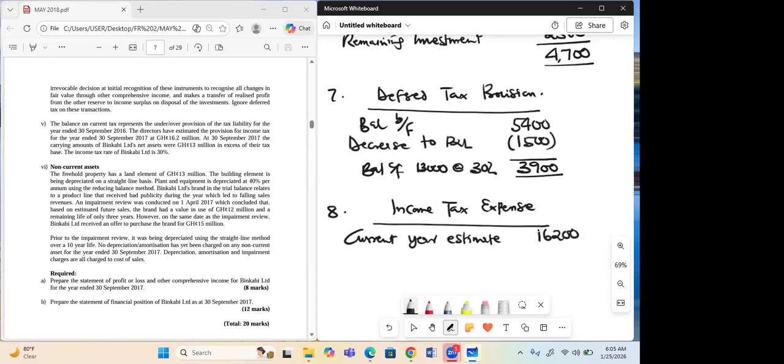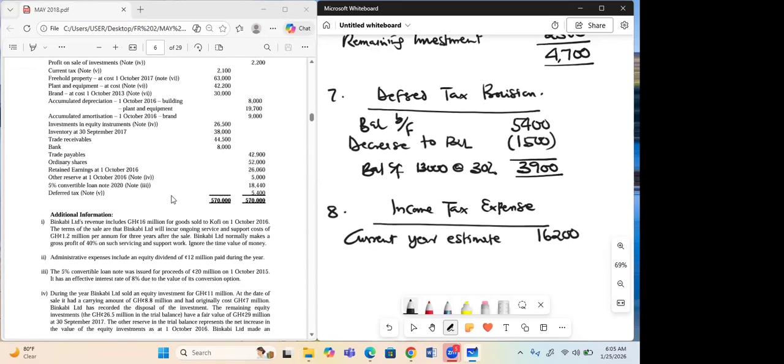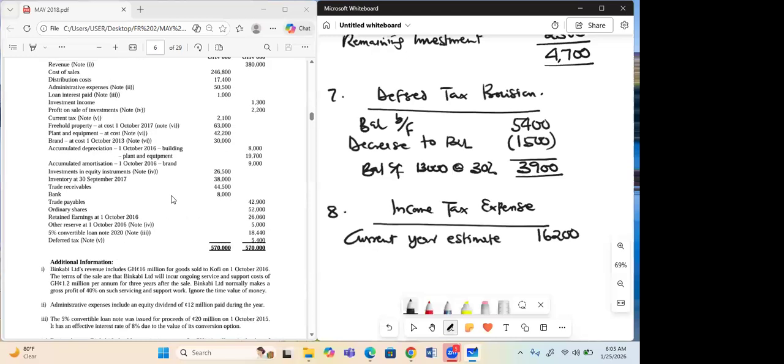Then you go to the trial balance under or over provision. Let's go to the trial balance. Check if you see current tax or income tax on it. Yes, it's under provision, 2,100. Is that the debit side? Okay, current tax. It's at the debit side. So is it an under or over provision? Under provision. We under provided, so you add it.